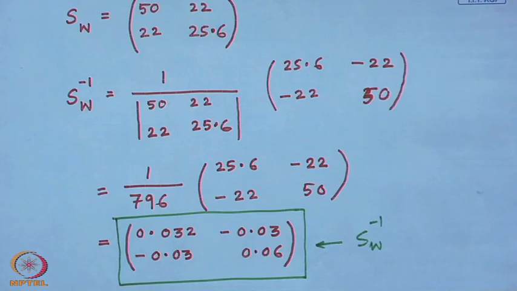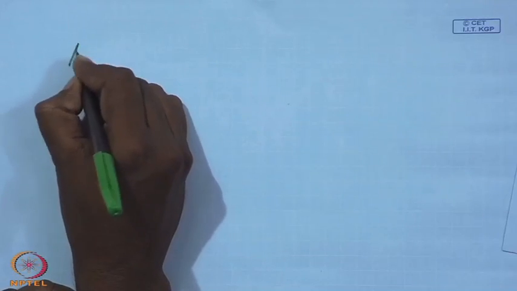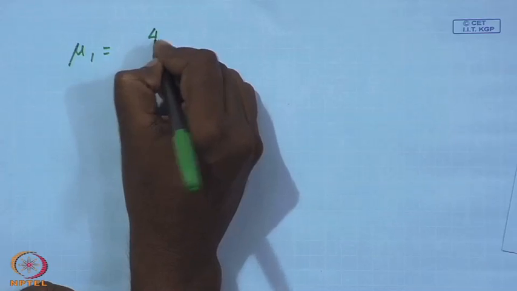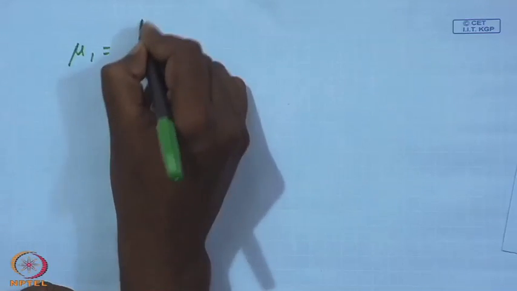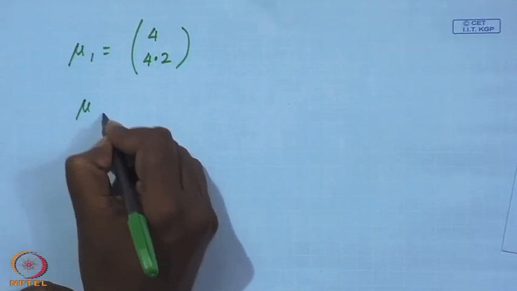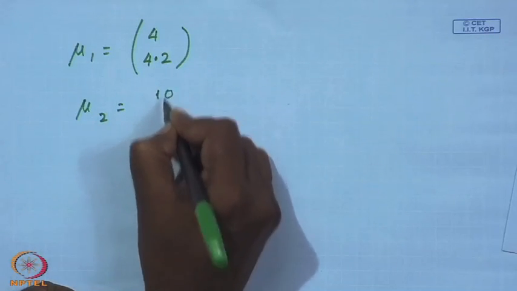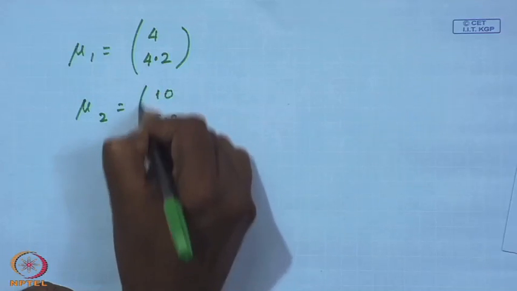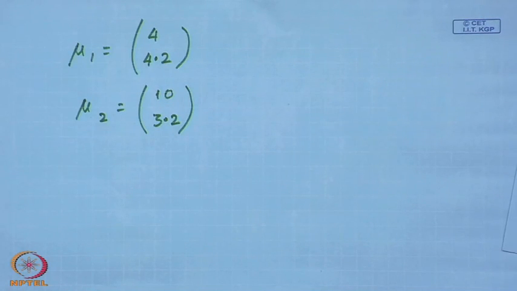And the other quantity that I have to compute is mu 1 minus mu 2. We know from before that mu 1 was given by 4.2 and mu 2 was given by 10, 3.2. These were the means of the samples belonging to class omega 1 and class omega 2.